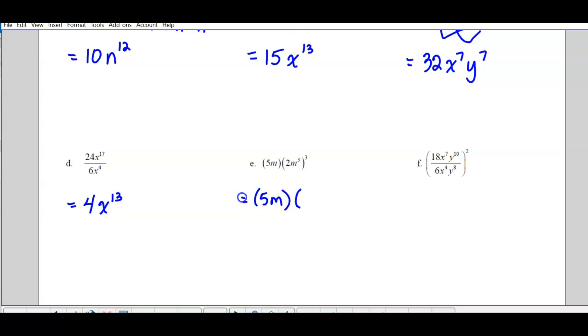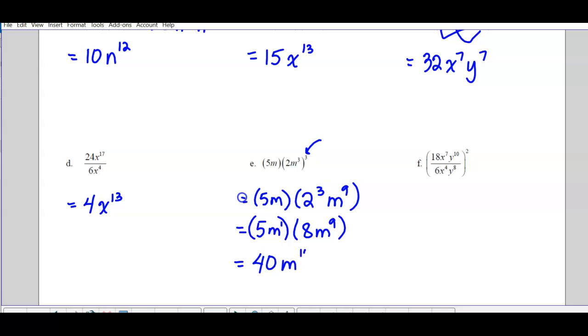In the next bracket, there's nothing to do inside, but we have to deal with the exponent here. So that's going to be 2 cubed times m to the 9, which really you can go straight to 8m to the 9. Then multiply the coefficients, that's 40. M to the 1 times m to the 9 is m to the 10.